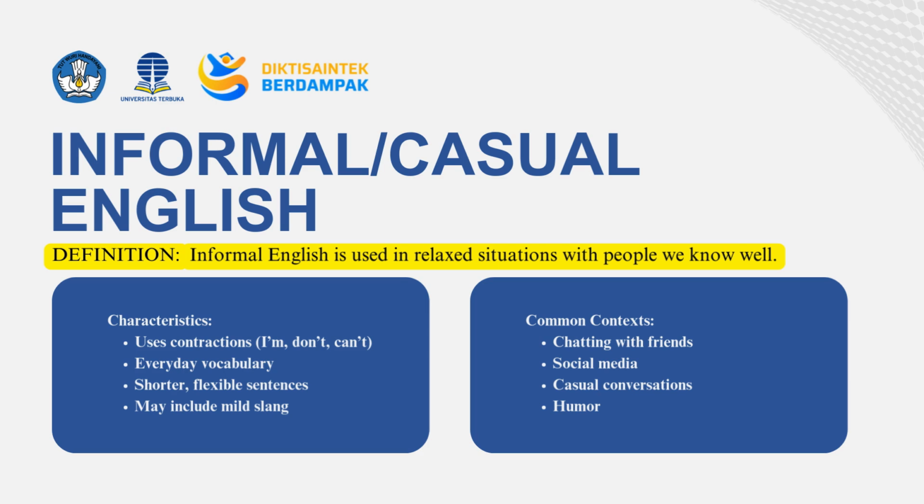Sometimes we can use mild slang, or it may also appear in casual or informal English. You will typically see informal English in chats with friends, social media posts, or daily conversation. The tone is friendly and natural, but it's usually not appropriate for formal business communication.